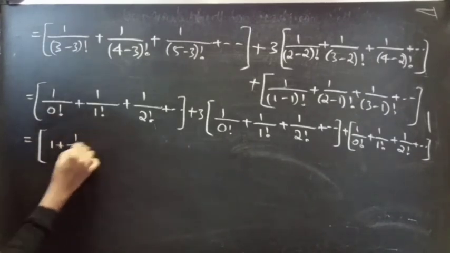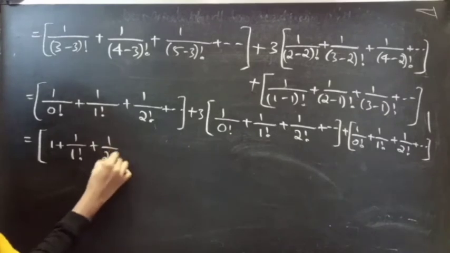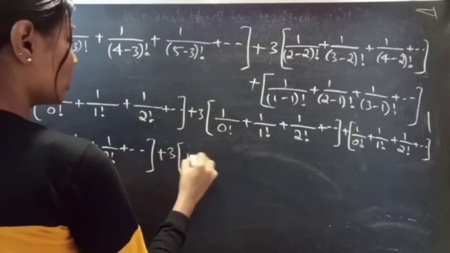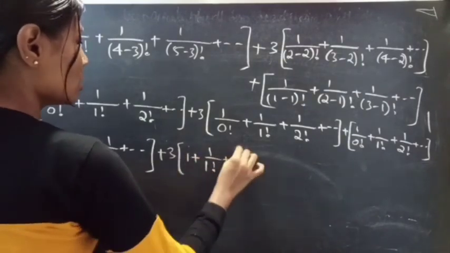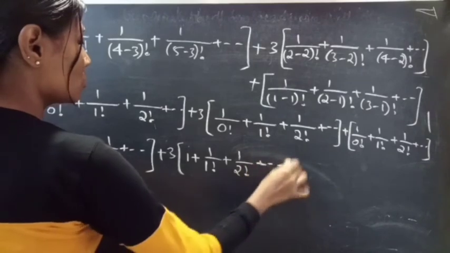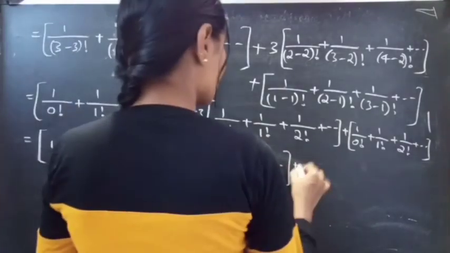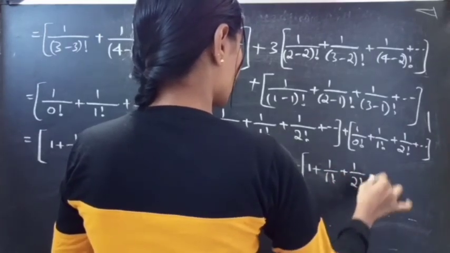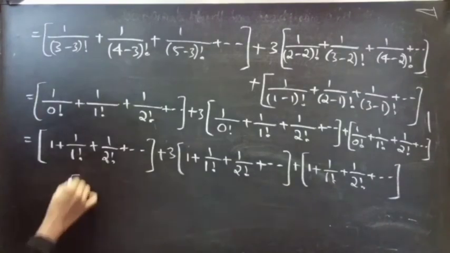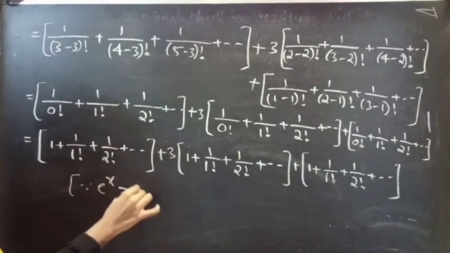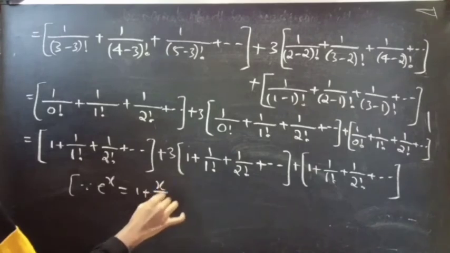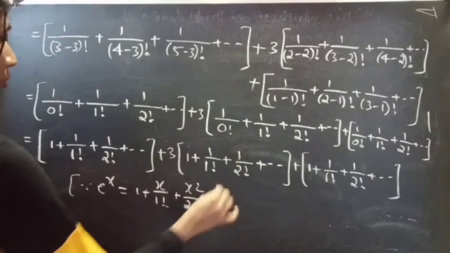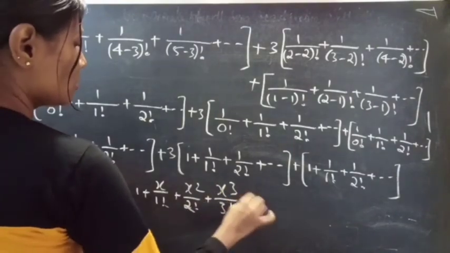1 plus 1 by 1 factorial plus 1 by 2 factorial plus so on, plus 3 into 1 plus 1 by 1 factorial plus 1 by 2 factorial plus so on, plus 1 plus 1 by 1 factorial plus 1 by 2 factorial plus so on. Since we know that e power x equals to 1 plus x by 1 factorial plus x square by 2 factorial plus x cube by 3 factorial plus so on.